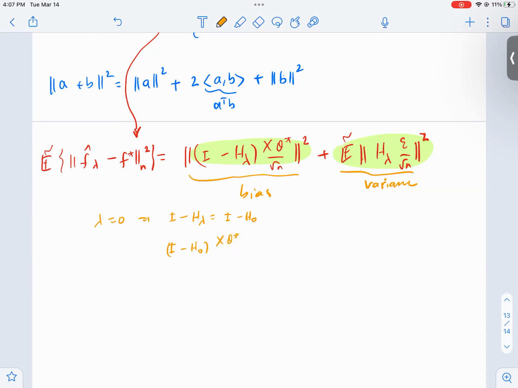Does anyone know what happens? H naught is the projection matrix projecting onto the column span of X. I minus H naught projects onto the complementary subspace.